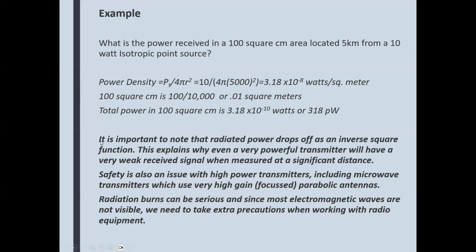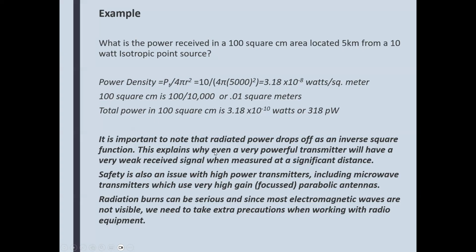Now, what does it say? Mr. Hrabinsky, who actually set up this course really, really well, said, thank you, Mr. Hrabinsky: it is important to note that radiated power drops off at the inverse square function. There we go. Here's the formula.